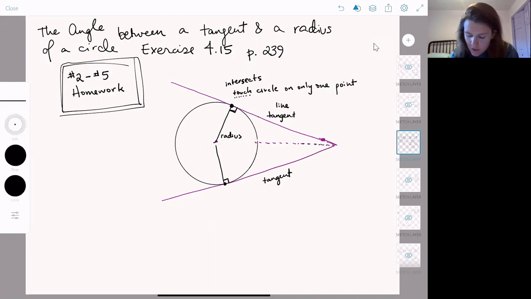But also it's really important to know that if we're splitting that circle right down the middle, this side and this side are going to be equivalent. So obviously this angle and this angle are equivalent. They're both right triangles.